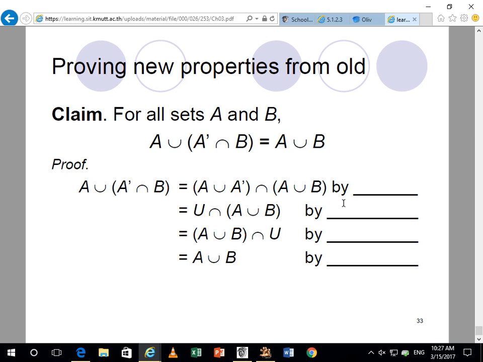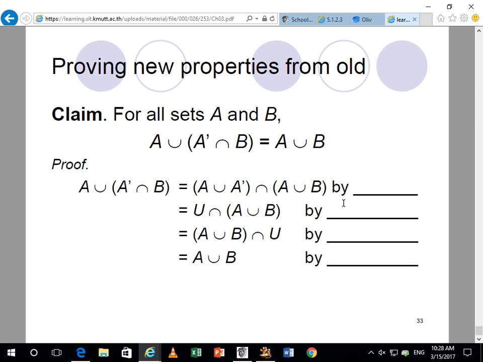So the last one, we can also do the same thing. A union this, we want to show that this is true, proof. So we start out with the left-hand side, which is this, and then we expand it out. So this is what? This is distributive, right?